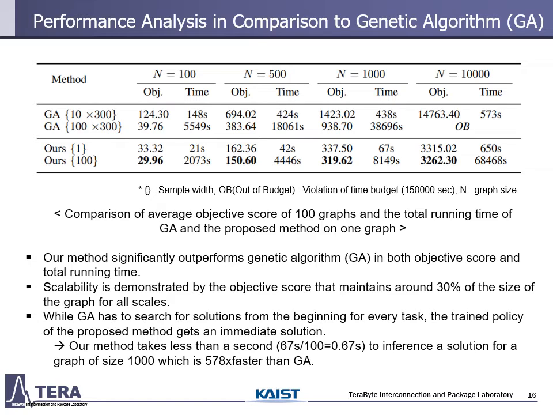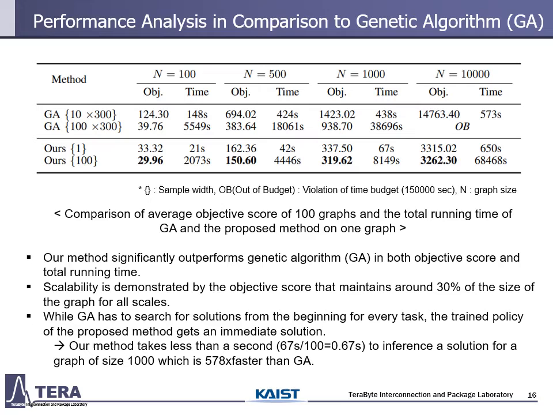Next, I will introduce the performance analysis of our algorithm and compare it to the results of the genetic algorithm. We conduct this experiment with multiple scales of graph size, from 100 nodes and up to 500 nodes and up to 10,000 nodes.